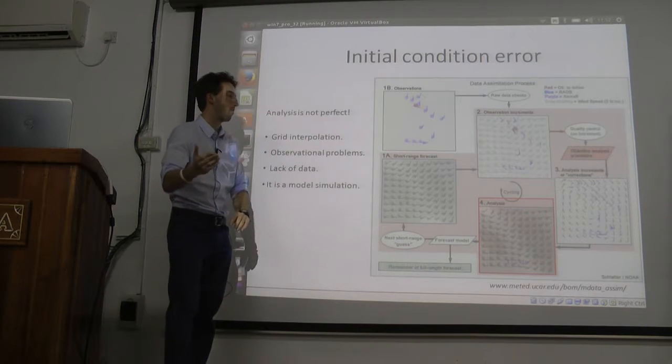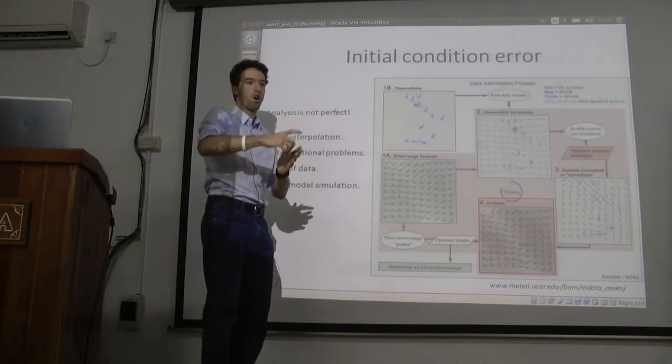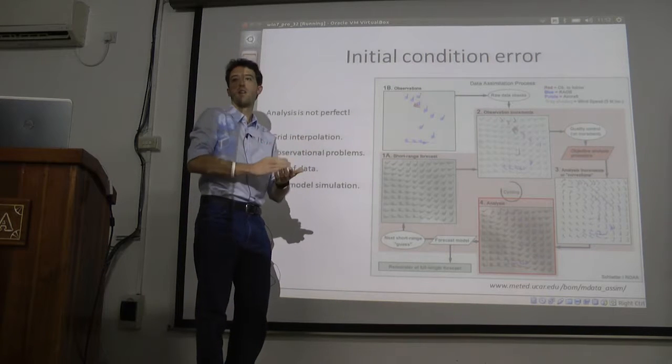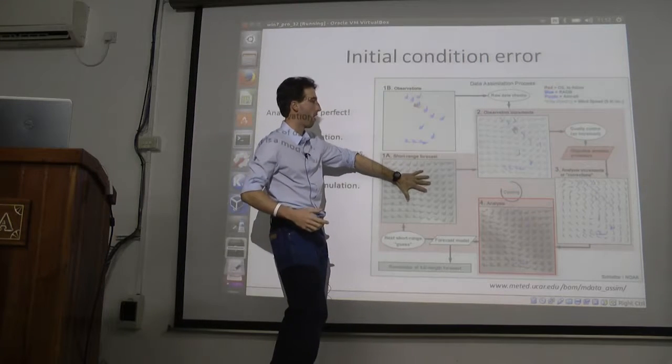And I get the last run that I did this morning. I run the model from midnight. I get the forecast for now, 2 p.m., and then I have a map.